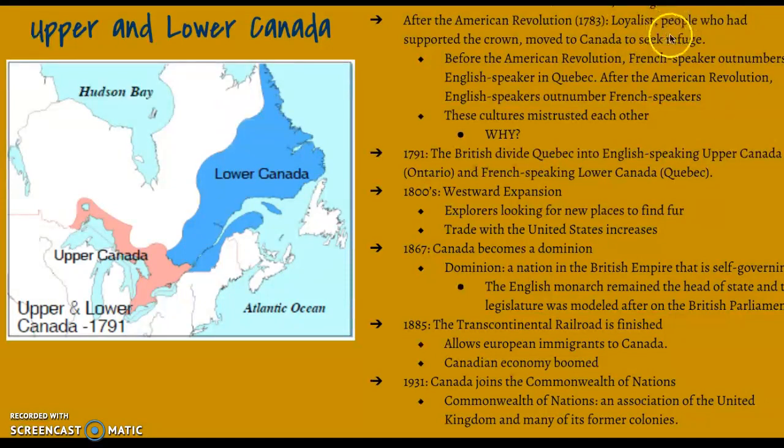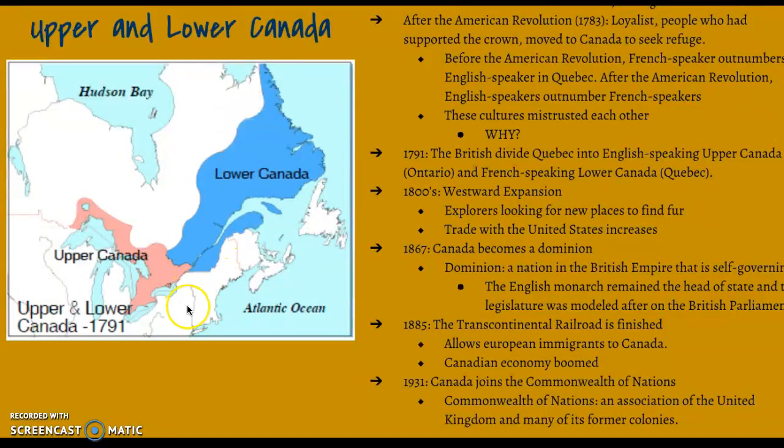They start to seek refuge or safety there in Canada, because now Canada is British. It's no longer controlled by the French king, but controlled by the British king. So those loyalists that were living in these regions, your New England colonies, you'll learn that in 8th grade, are moving into Canada because they still support the British king, and they're being persecuted down here in the colonies.